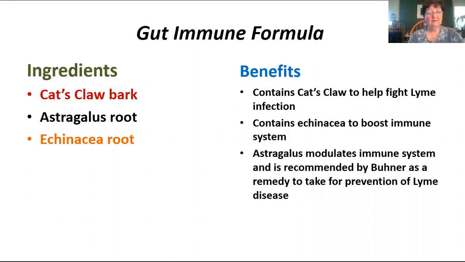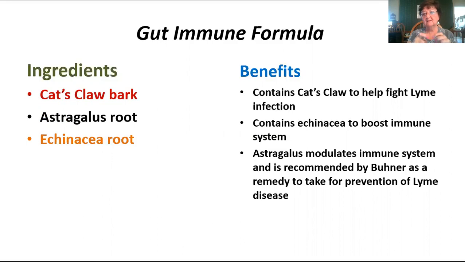And there are lots of people out there that have wonderful information that can support you. Google is not the most effective place to go, Dr. Google. But this particular one contains the cat's claw to help fight Lyme infection, which we have seen has that particular thing about pulling out the bacteria from the blood cell.